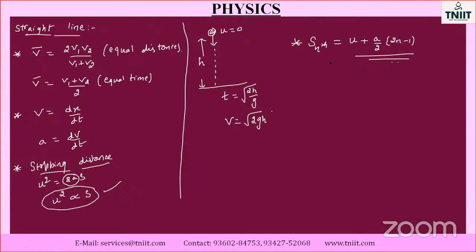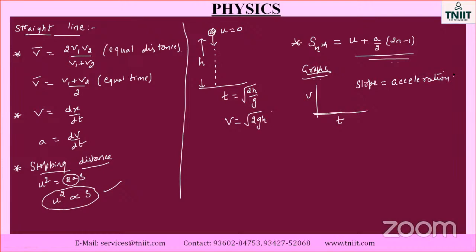In the case of graphs, suppose you are plotting velocity versus time. The slope of the VT graph represents the acceleration.